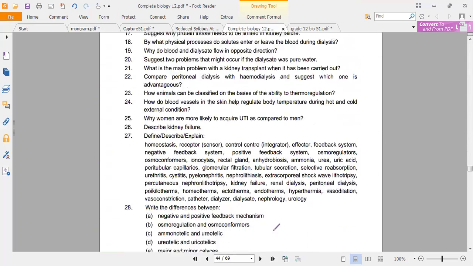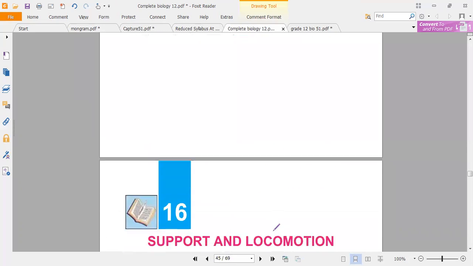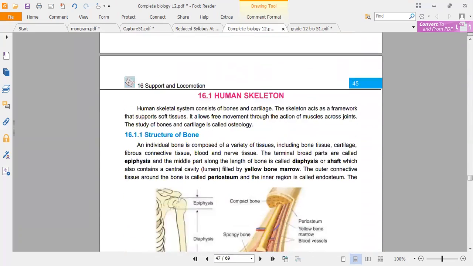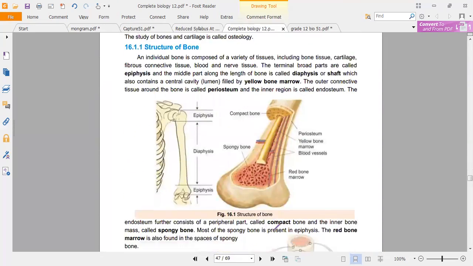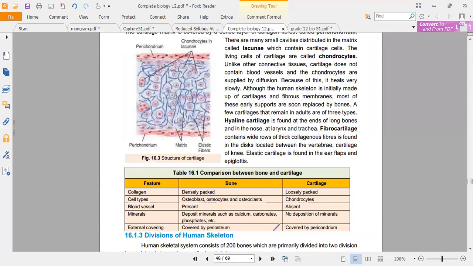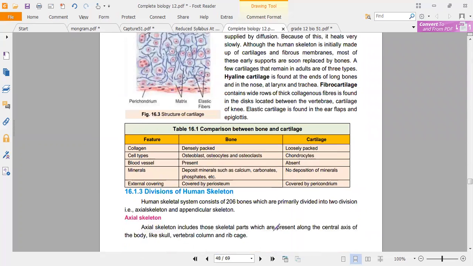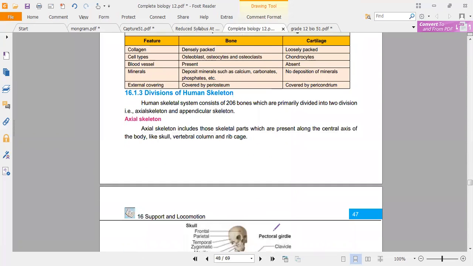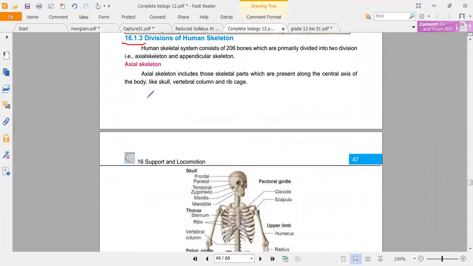Then we will go to the next chapter, that is support and locomotion. If you see, human skeleton is not in this one, structure of bone is not included. And this is division of human skeleton. This topic is included here. Okay.